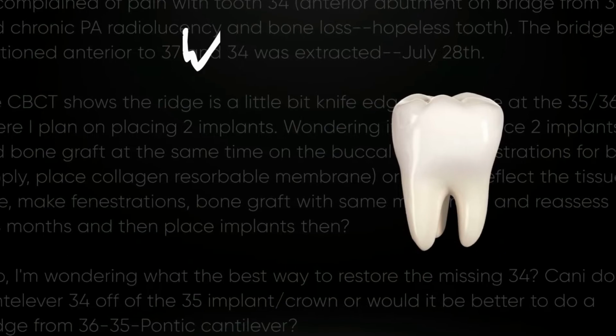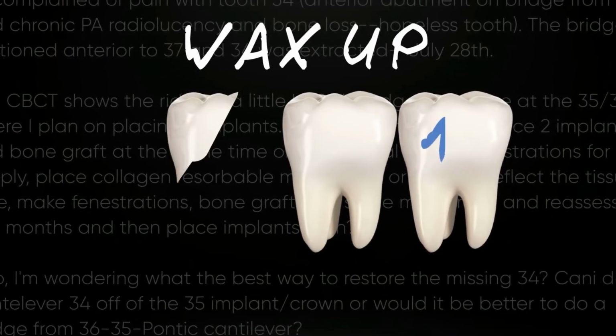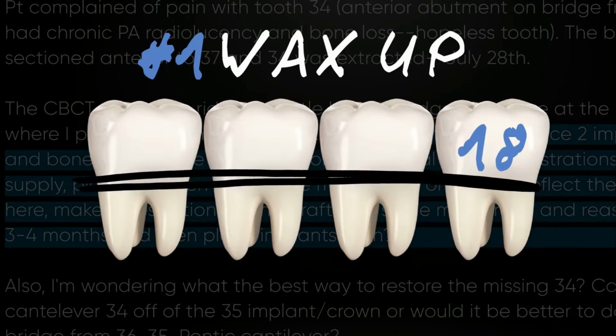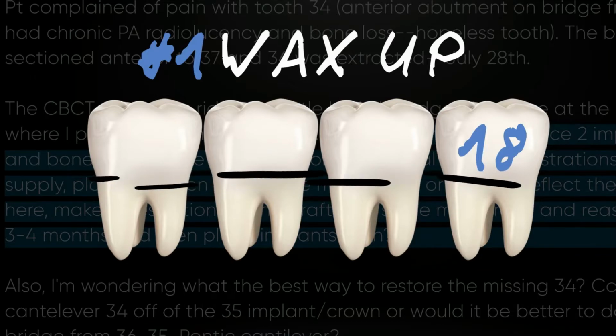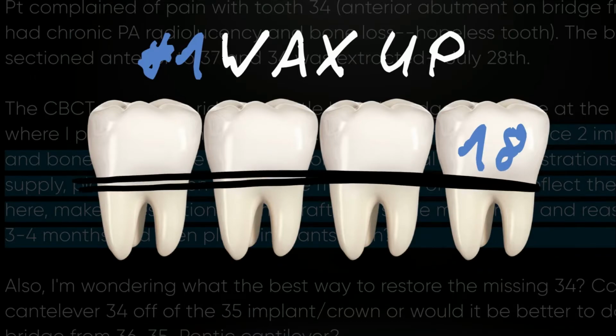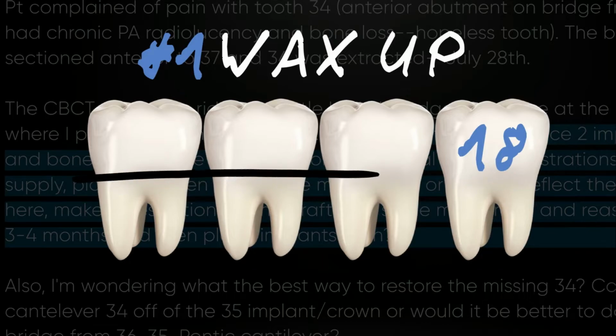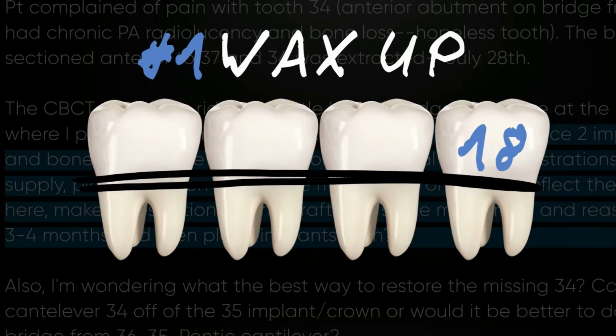So now I would love to do a wax up and connect it to the scan, merge it with the scan, and now we can plan this case. It's possible that number 20 is not going to be a great site for an implant based on what I saw. It doesn't mean it cannot be grafted, but replacing multiple teeth, you don't need an implant per tooth.